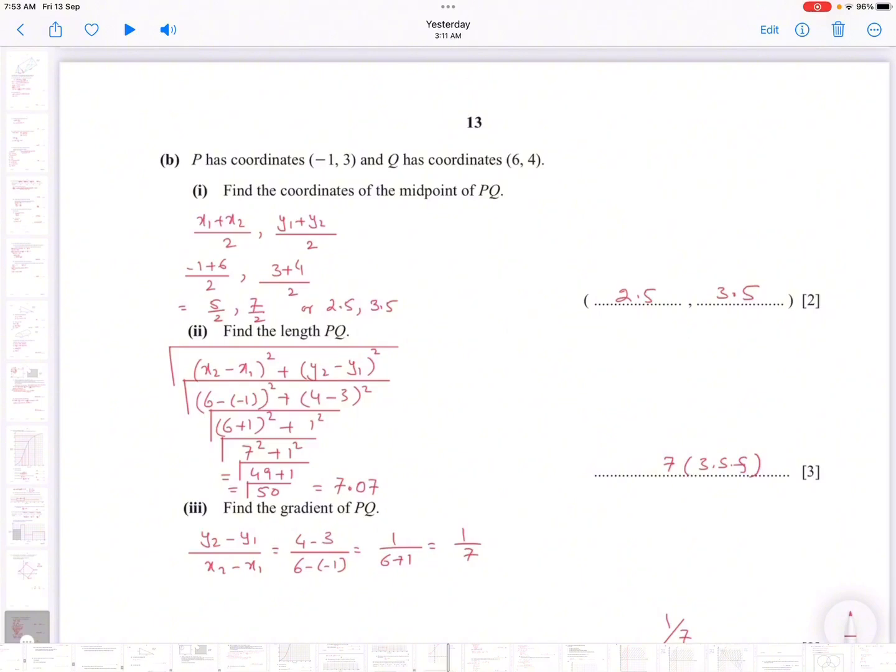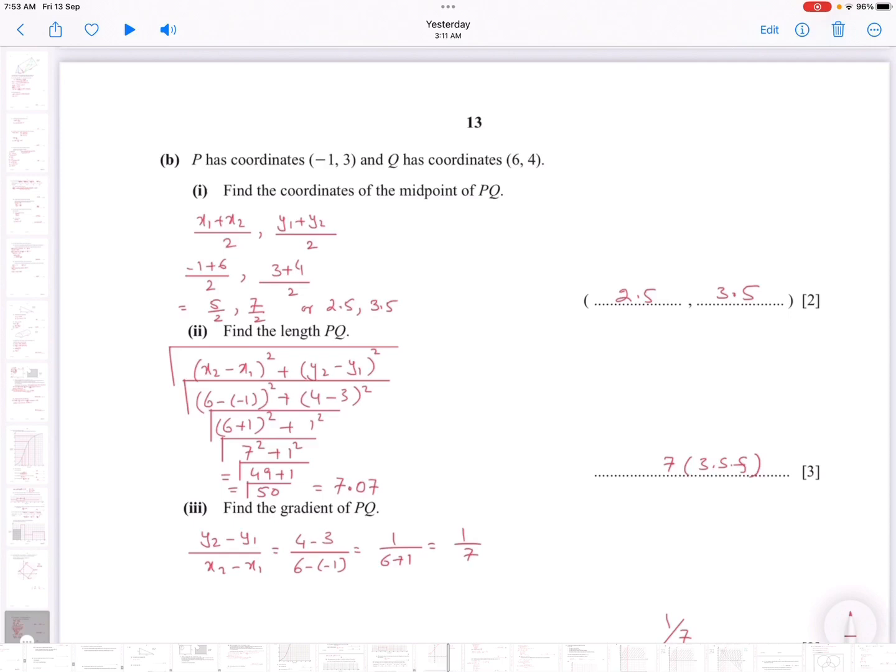In part 2, find the length of PQ. So the formula for the length is the square root of (x2 minus x1) whole squared plus (y2 minus y1) whole squared. Now place the values in it and simplify it. You will get the length of PQ.